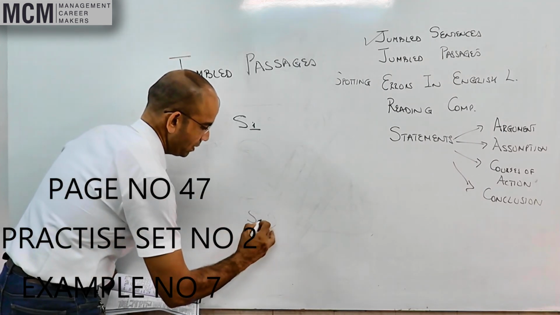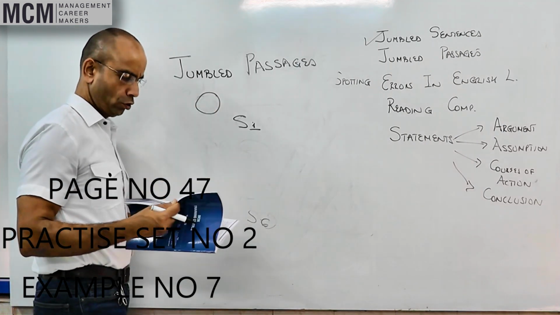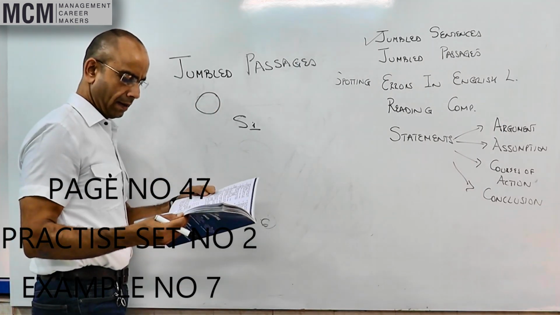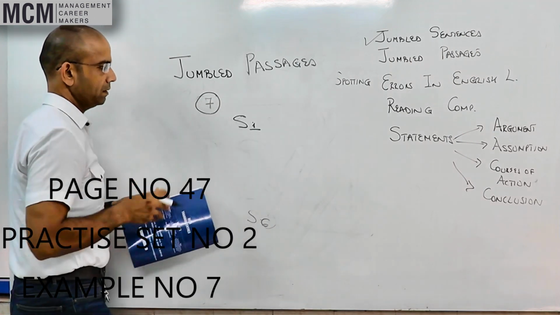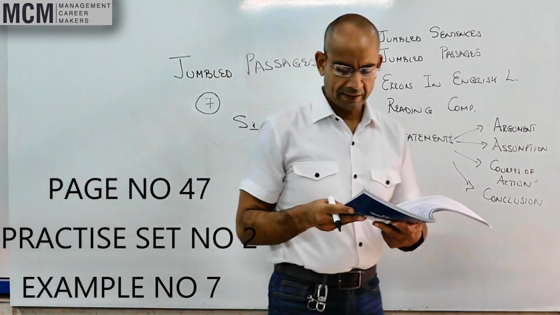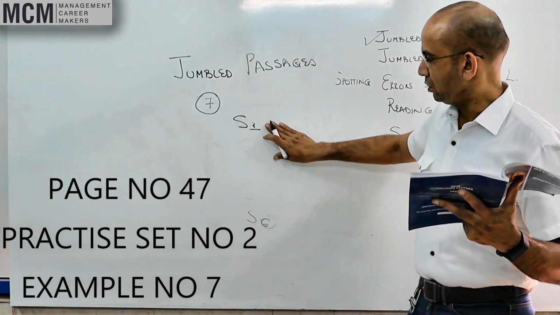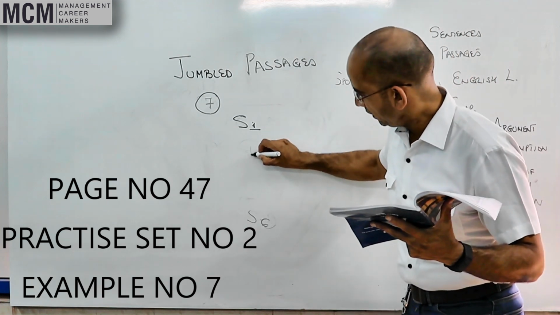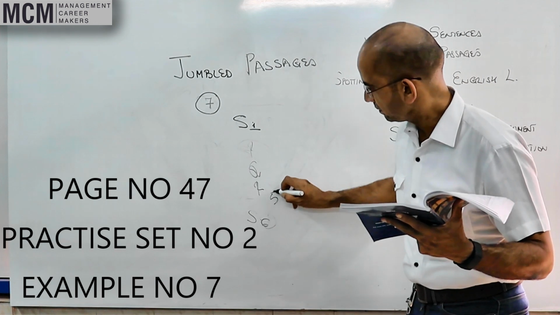We're looking at practice set 2 now, page number 47, example number 7. Practice question 7. So it's got S1, S6, and in between they've got P, Q, R, and S.